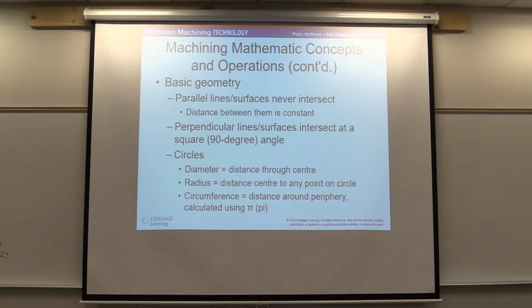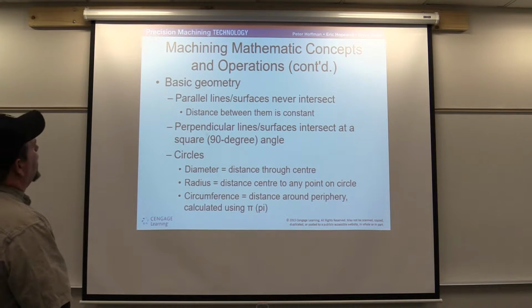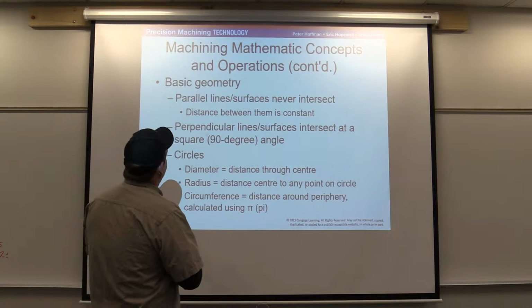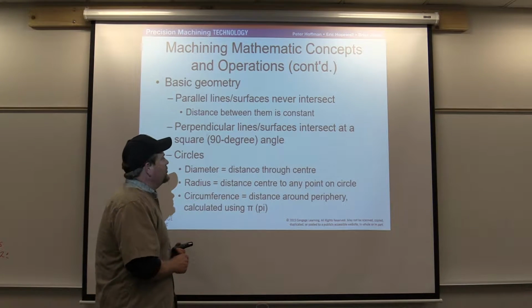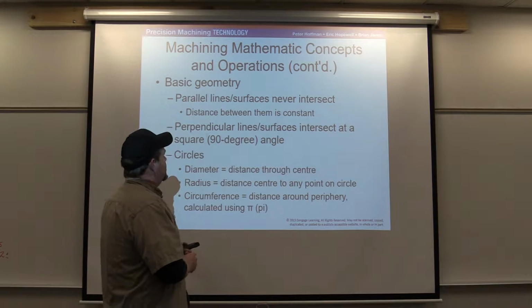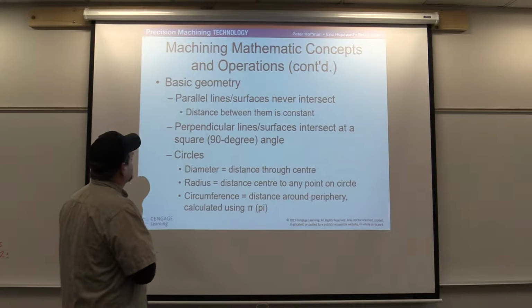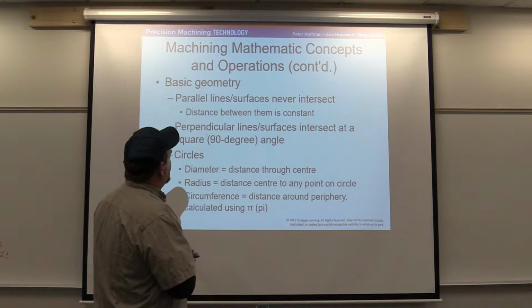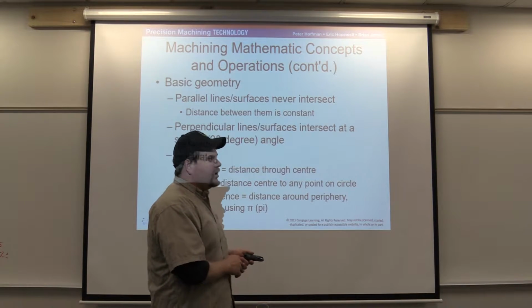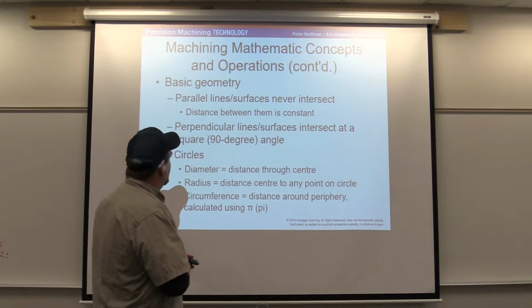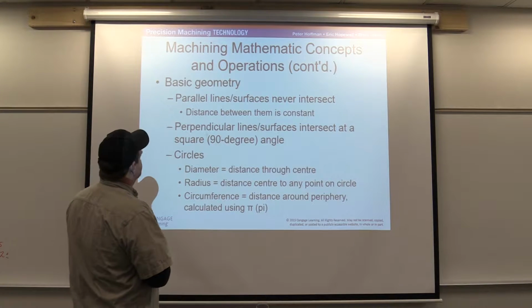So now we're going to move on to basic geometry. Parallel lines, surfaces never intersect. The distance between them is constant, and that is constant forever. They're exactly the same, okay? Perpendicular lines, they intersect at a square or 90-degree angle or a right angle, okay?